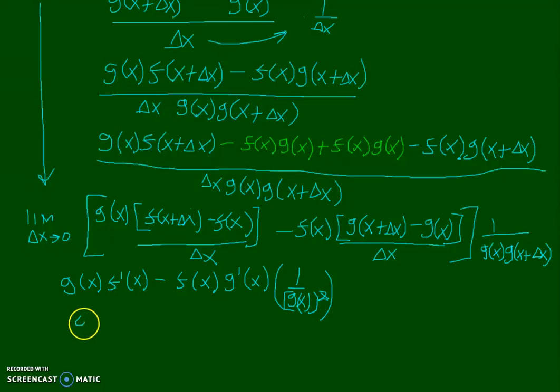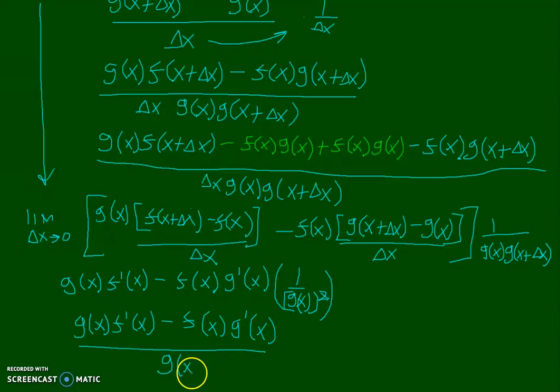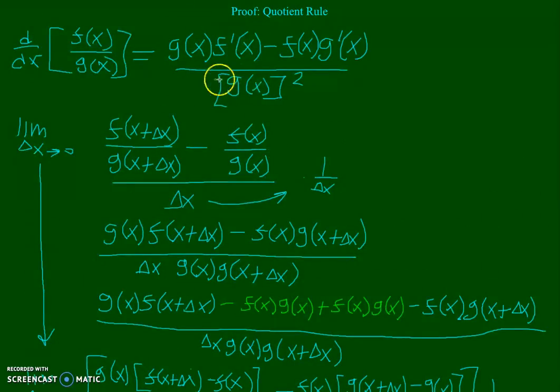Okay. And as a final touch, we'll put this whole thing over g of x squared. So we have g of x f prime of x minus f of x g prime of x over g of x squared. Now, inasmuch as this looks really kind of nasty, we can make our lives a little easier by noting that there's a pattern here.